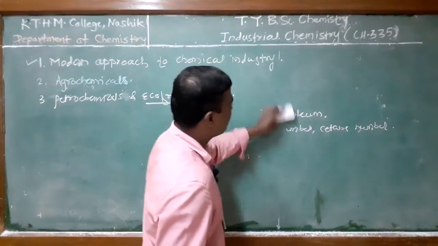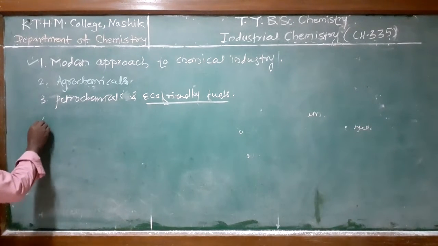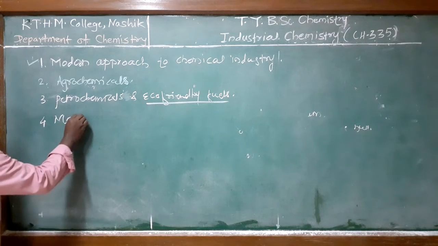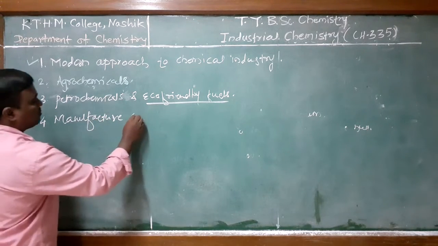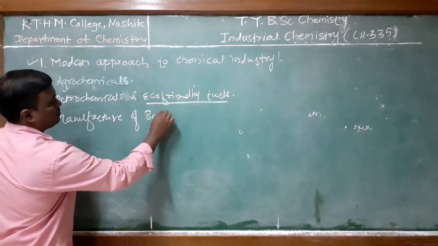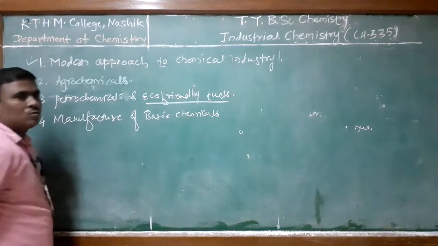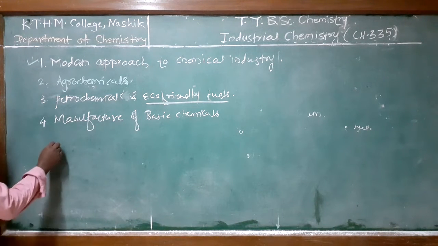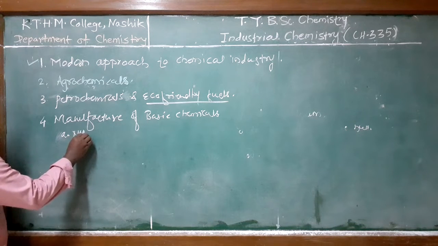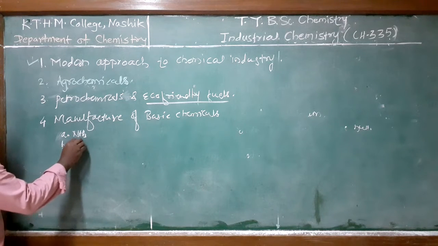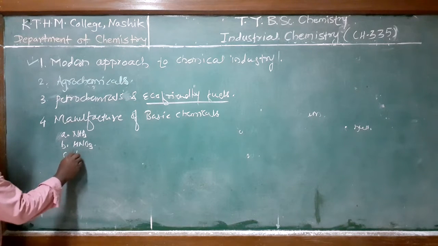The fourth chapter which we are going to discuss is the manufacture of basic chemicals. In this chapter, we will discuss the manufacturing process of first ammonia, HNO3 and H2SO4.